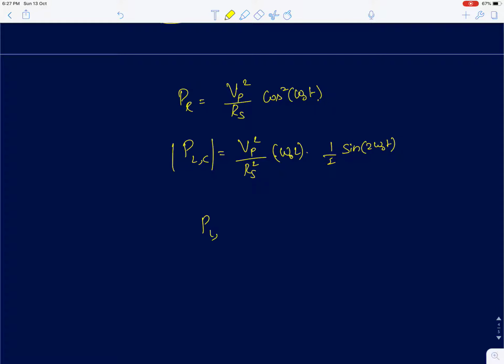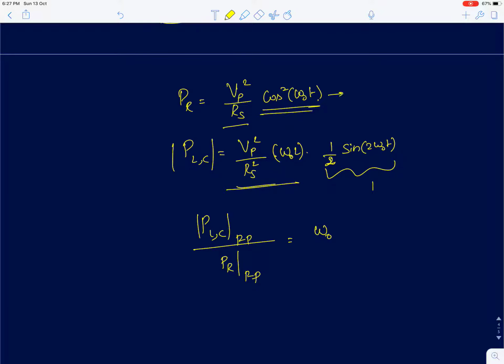If I take the peak to peak value of this and the peak to peak value of that, half sine 2 omega naught t into 2 gives 1, and the other goes from 0 to 1, so the peak to peak value is 1 again.